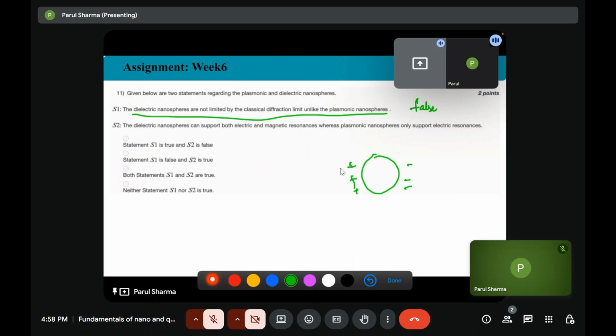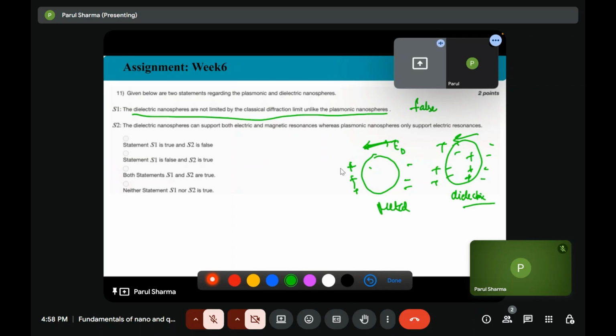In the plasmonic case, there is only the electric dipole outside, not inside. But in the dielectric case, there is an induced charge, and there will be an induced magnetic field.